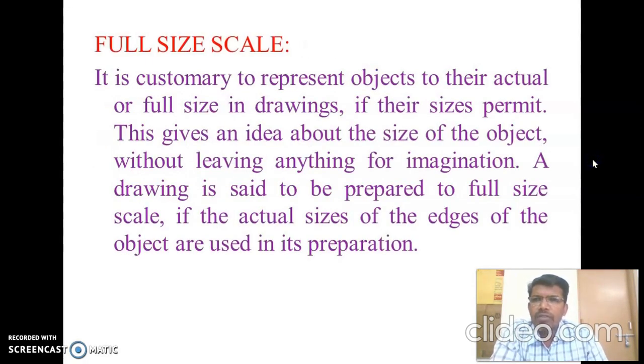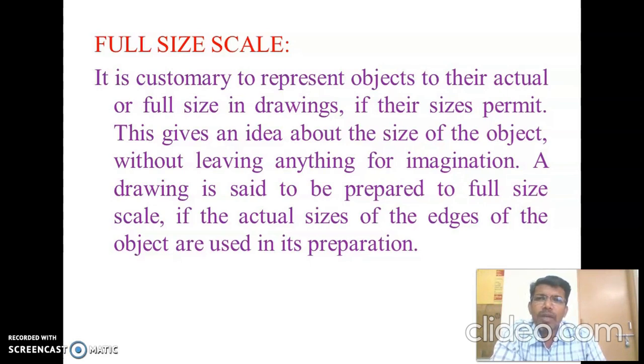So let us see what is a full size scale. It is customary to represent objects at their actual or full size in the drawing if their sizes permit. This gives an idea about the size of an object without leaving anything for imagination. A drawing is said to be prepared to full size scale if the actual sizes of the edges of the object are used in its presentation.